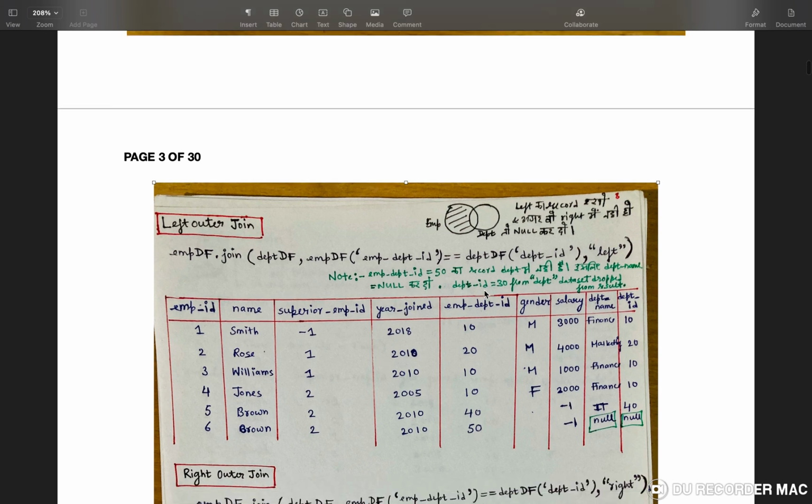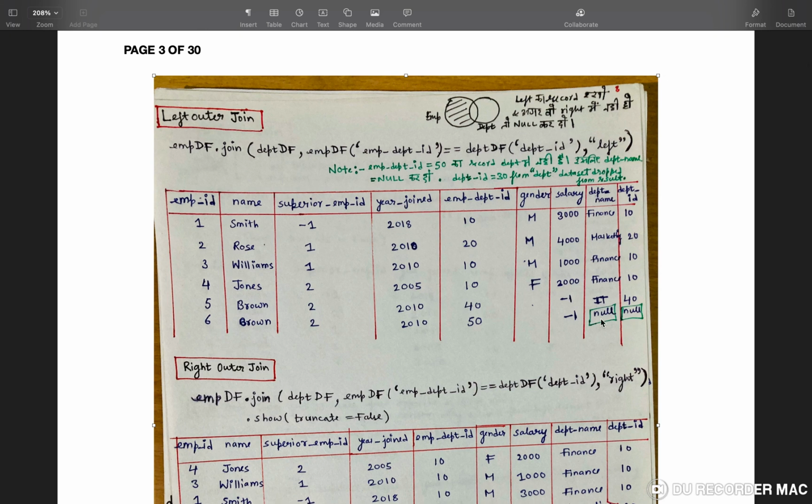Then department ID 30 from the department data set was dropped because we are only keeping the data from the left, that is the employee data frame. So it is keeping all the records from the left and dropping all those records which are not matched, and yes, that's it. Are you getting it? So values corresponding to employee department ID 50 are null here, in department name and department ID.